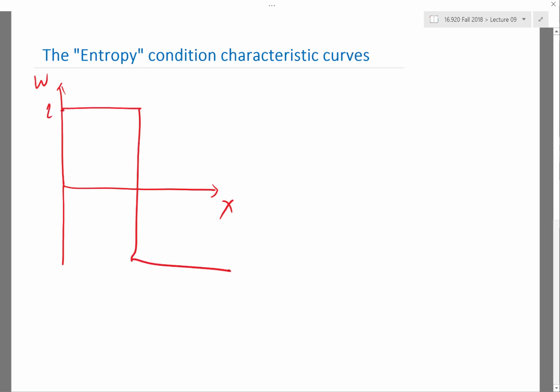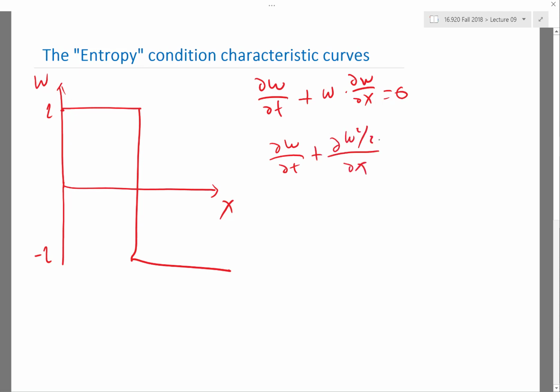So we discussed two different conditions. One condition is that I have my W as a function of X, and I have a shockwave that goes between 1 and -1. We are solving Burgers' equation, dW/dt plus W times dW/dx equal to 0, which, if you want to write it in the conservative form, is d/dx of W squared over 2 equal to 0.